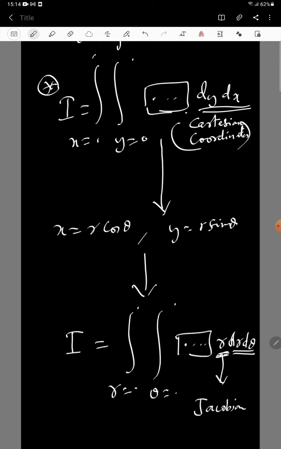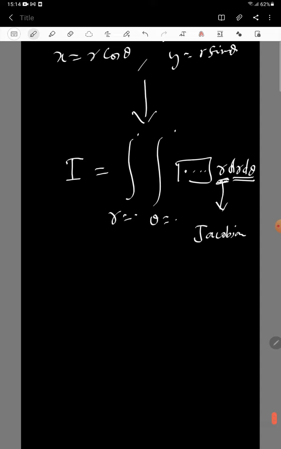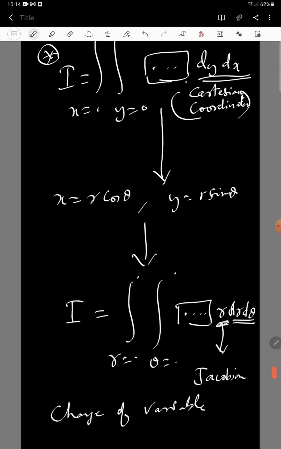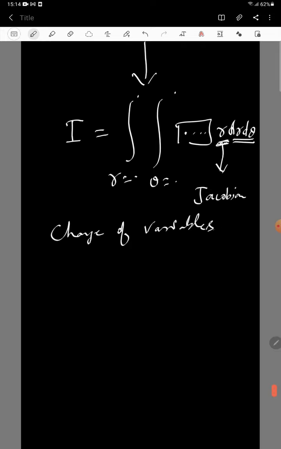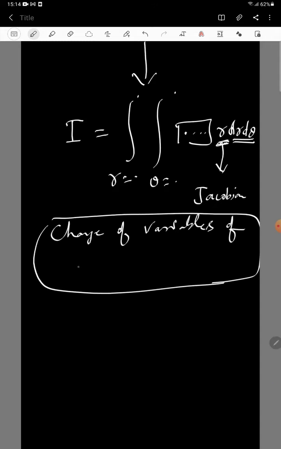So this is discussed as change of variables. You may change from Cartesian to polar, or from Cartesian to some other coordinates. So change of variables of integration is another concept.